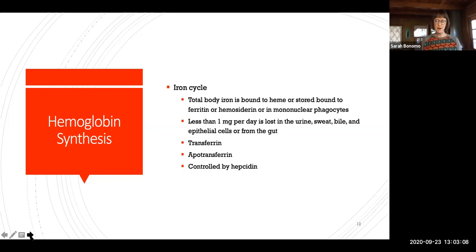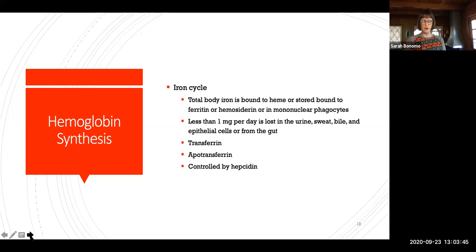Okay, so in the body, we have an iron cycle that happens. On page 503 in your textbook, figure 20-15 has a really great picture of that. Essentially, we have something in our body called total body iron. And total body iron is bound, like a key in a lock, to heme when it's being transported, or it's stored and bound to something called ferritin.